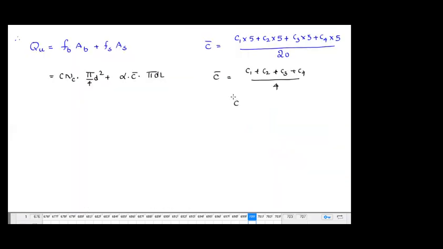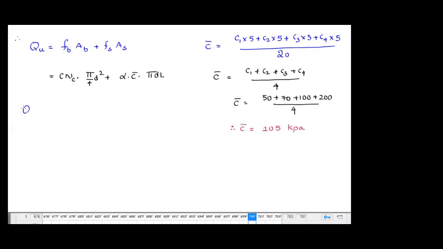So C bar is equal to 50 plus 70 plus 100 plus 200 by 4. What is the C bar value? It comes to 105 kilopascals.